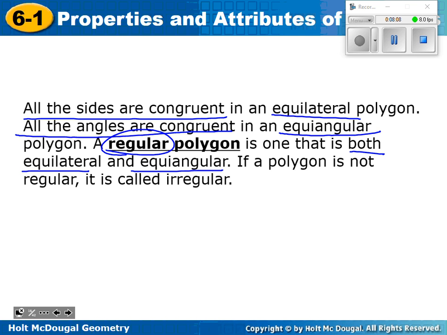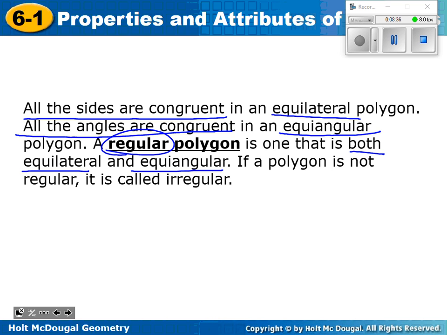We had a shape that we learned before that if it was equilateral, it was automatically equiangular. And if it was equiangular, it was automatically equilateral. What shape did we learn that about? Triangles. So a triangle, if it is equilateral, is regular. And if it is equiangular, is regular. Is a quadrilateral going to have the same property, that if it's equilateral, it is definitely equiangular and vice versa?